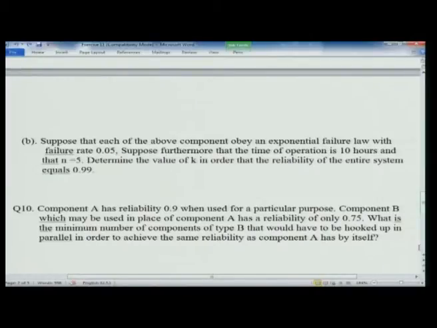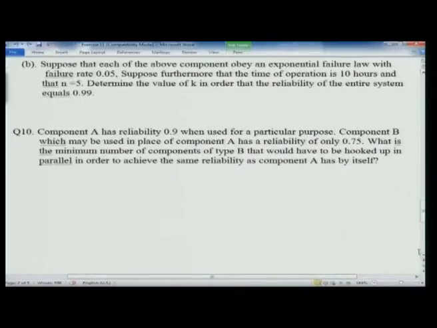You will enjoy this problem, because k is not given to you. When you write down the reliability function, it will be a function of k, and then you put t as 10 hours, substitute that in the expression and put the whole thing equal to 0.99, then you will get the value of k. An interesting problem, I am sure you will enjoy doing it.